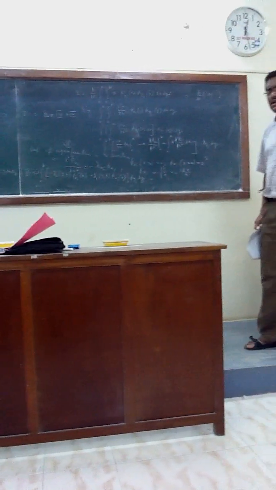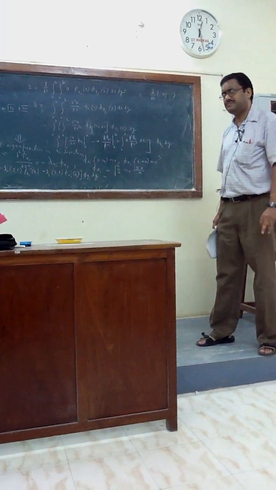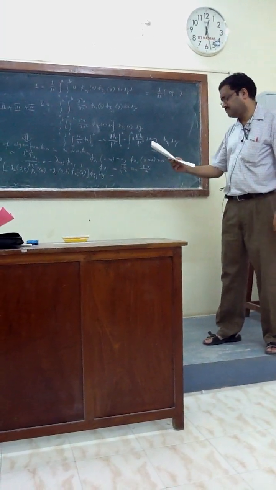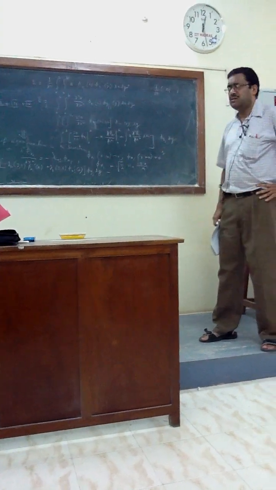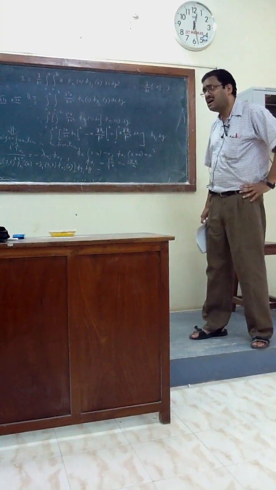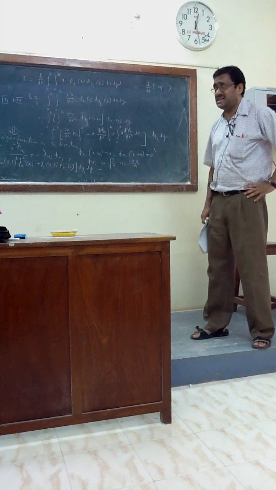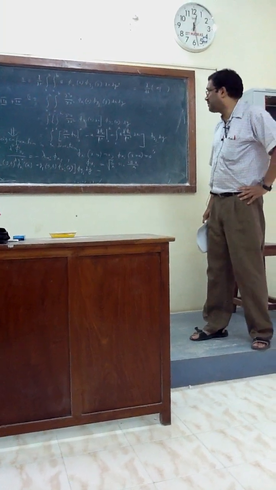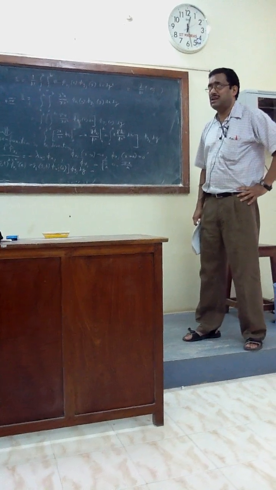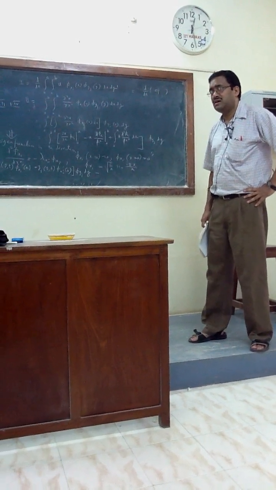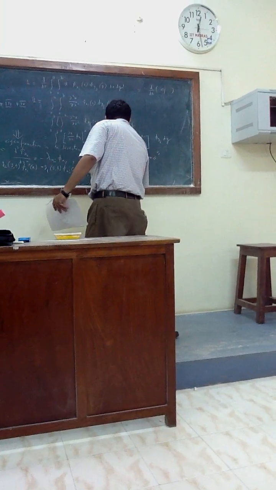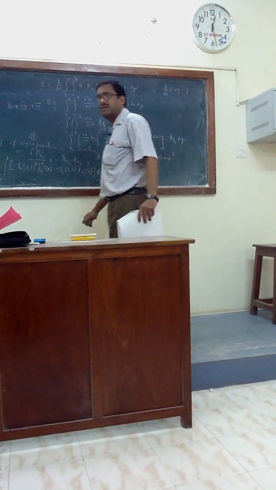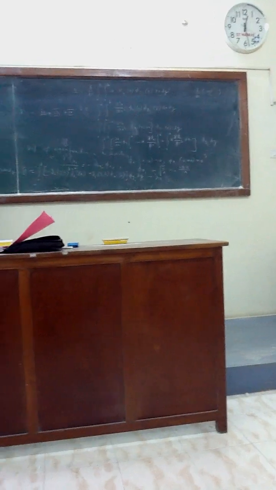Lambda xi should not mingle out the symbol. Lambda xi then? Yes, minus lambda xi cij. Correct. Got it? Minus lambda xi cij.